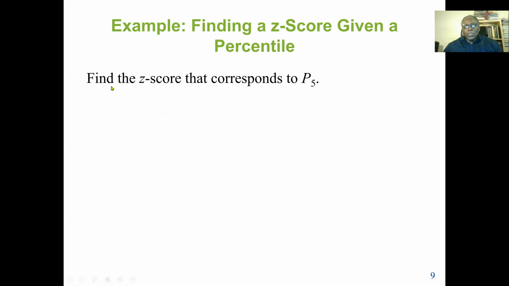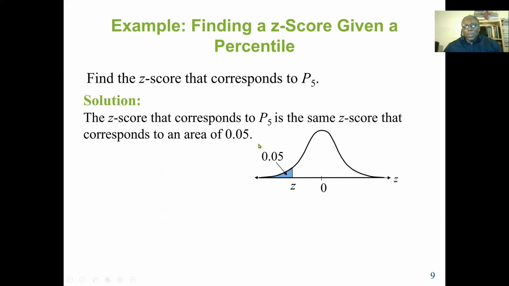Okay, next, let's say we should find the Z-score that corresponds to P5. We assume P5 is 5% to the left. So the Z-score that corresponds to P5 is the same Z-score that corresponds to an area of 0.05.